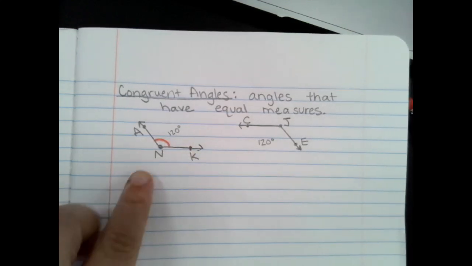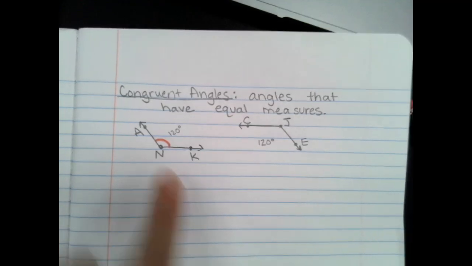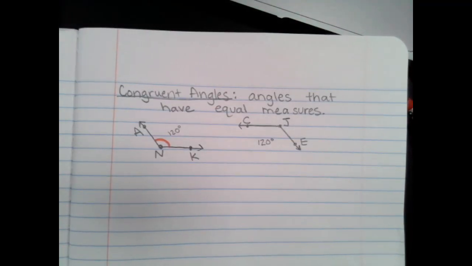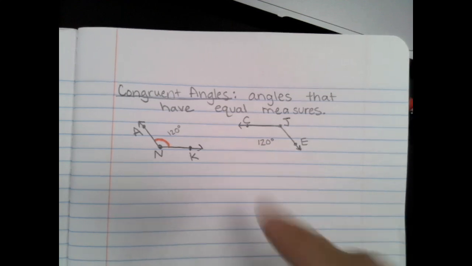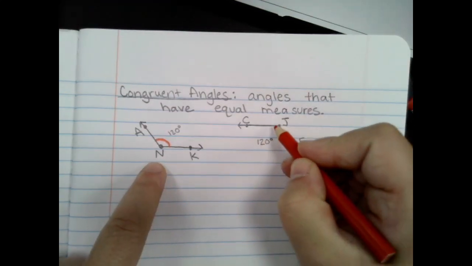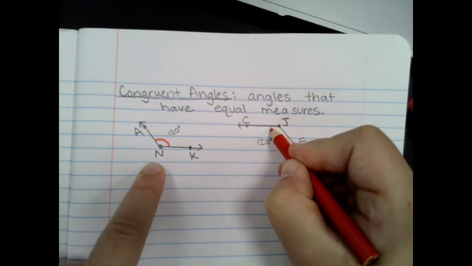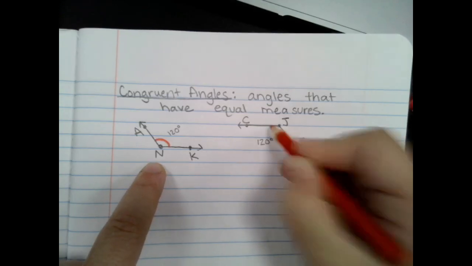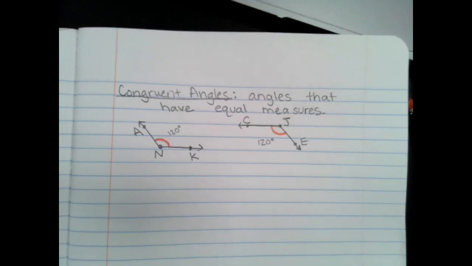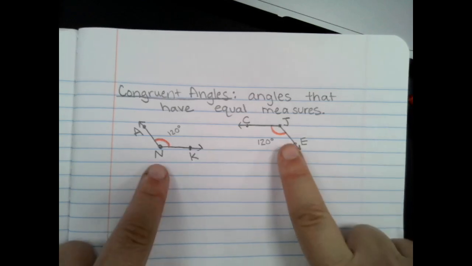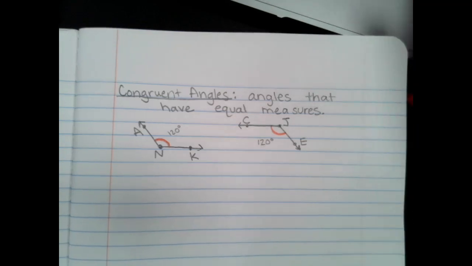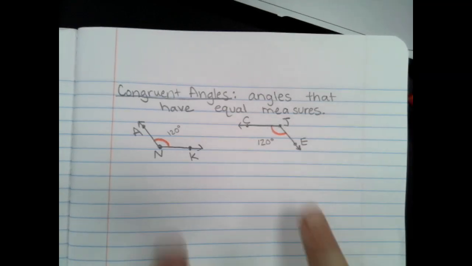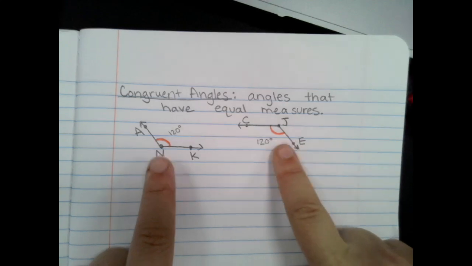If you want to use a colored pencil, you can, to show that was a big idea. And then I'm going to do a swoop on the other angle to show that those match. Anytime we see these arcs, that tells us that they're matching. They go together.